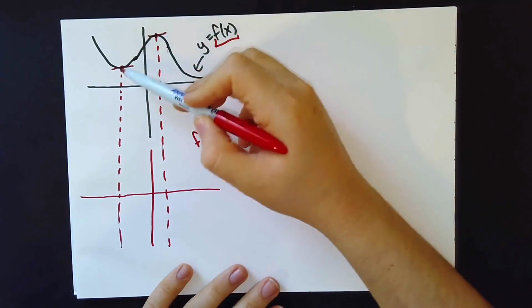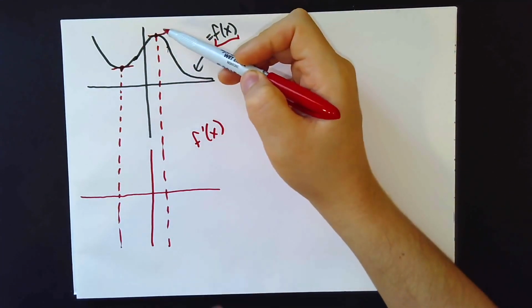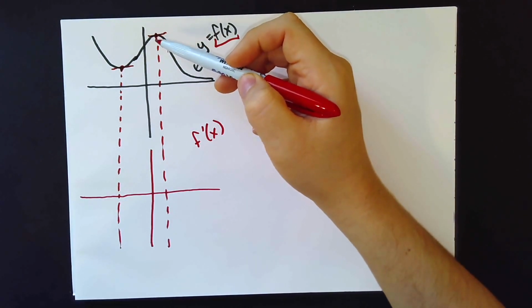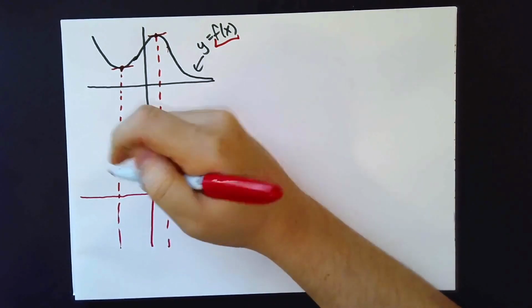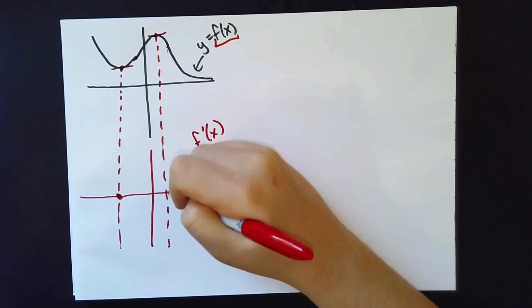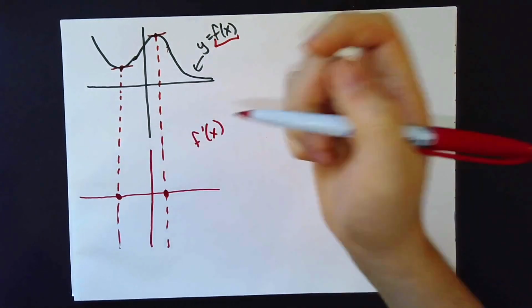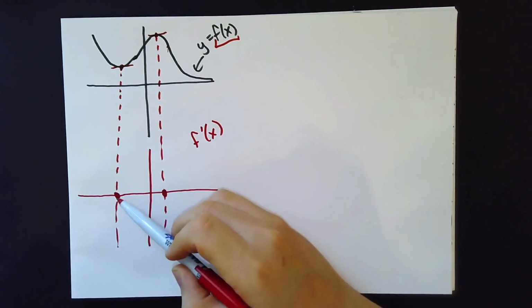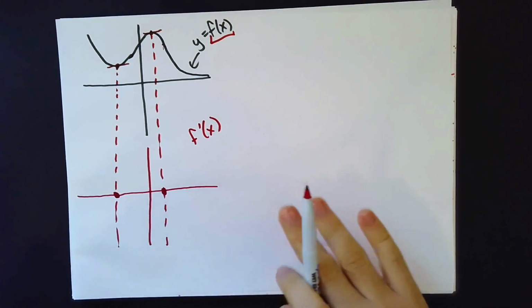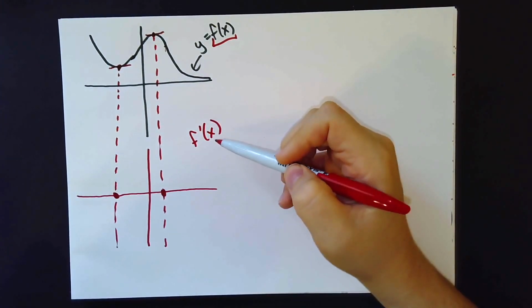And these 2 points where the tangent line is horizontal are going to correspond to 2 points down here on the graph of the derivative where the derivative is 0. That is where the graph of the derivative crosses the x-axis. So those 2 points are on the graph of our derivative.